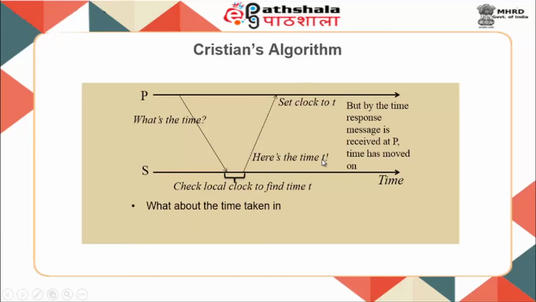Now, let us see why this is not the correct time. We have missed three very important points. One, the message sending time. We have talked about network delays, the internet being unreliable, packets being dropped. Therefore, a finite time will be spent sending the message.